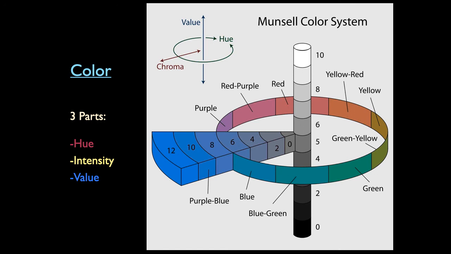So in this particular example, we see one piece of a pie out of this three-dimensional volume of color. We have this one wedge shape. It represents a single value, somewhere in the middle, and it represents a single hue, a purplish blue, and then it represents all these different iterations of intensity that are the same amount of lightness or darkness, and also the same exact frequency of light.